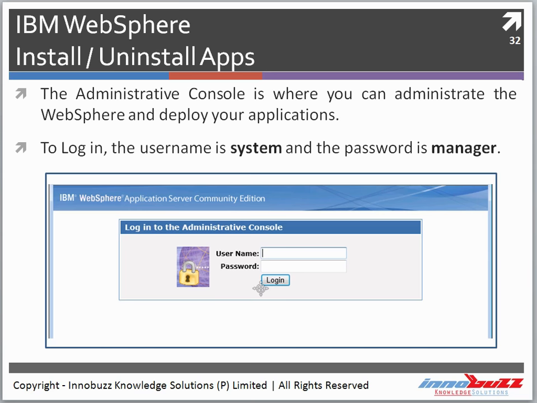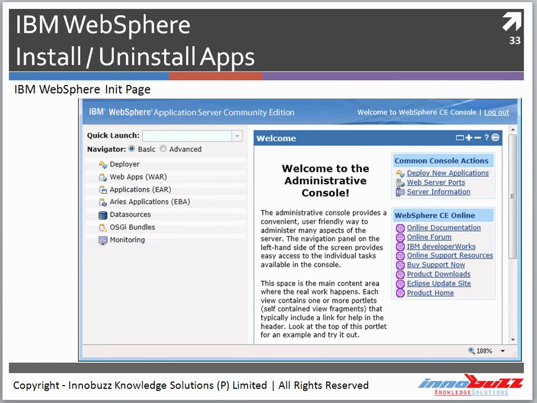Use the information shown to log in to the console. Here's the administrative console. Here you can deploy web applications, enterprise applications, data sources, and more. Also, monitor your app server.